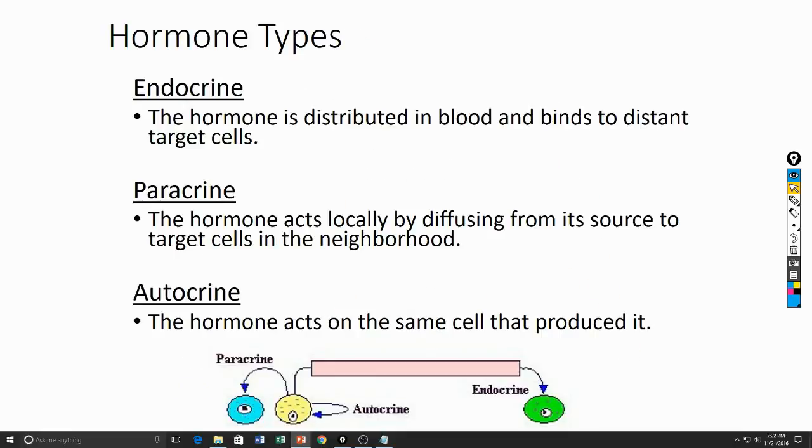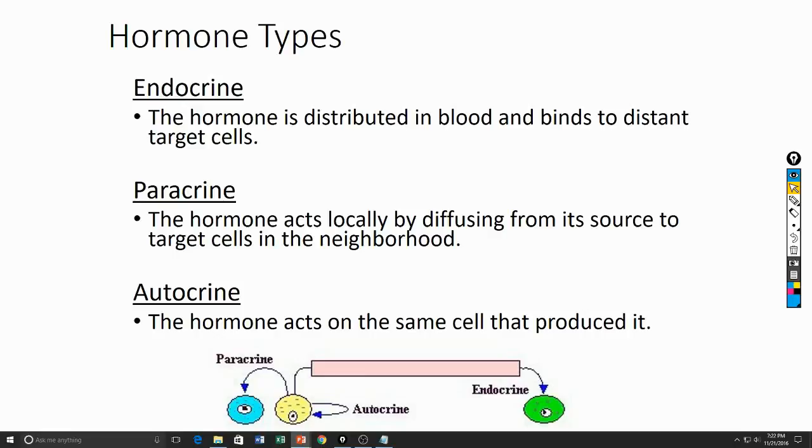Just look at the types of hormones. There's three major types of hormones. The ones we're going to focus on are the endocrine. Endocrine hormones are characterized as not being produced anywhere near the place that they're targeted, or the cells that are going to be using the hormone.